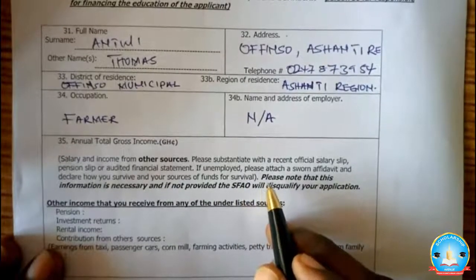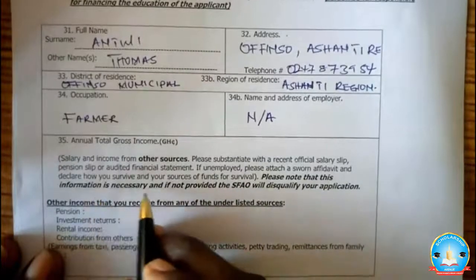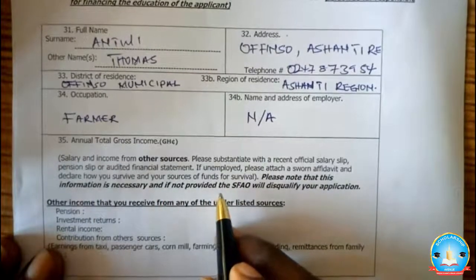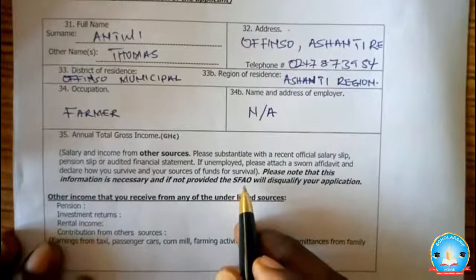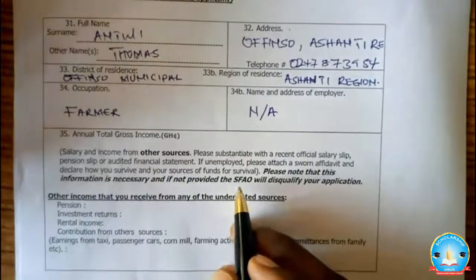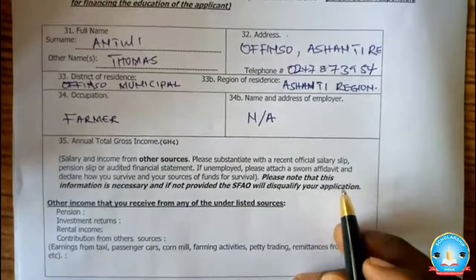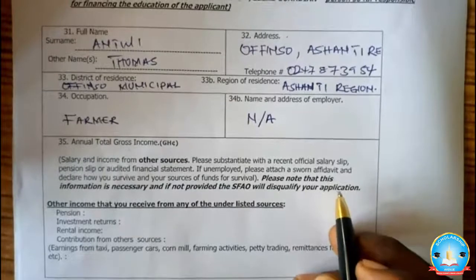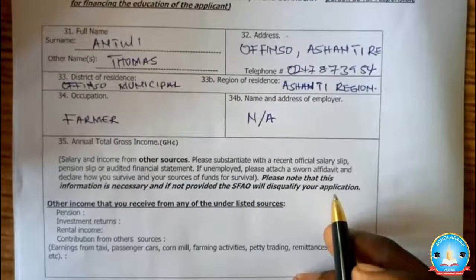Note, this information is necessary, and if not provided, the SFAO, which is the Student Financial Aid Office, will disqualify your application. It is very necessary to attach financial evidence of your parents to this.